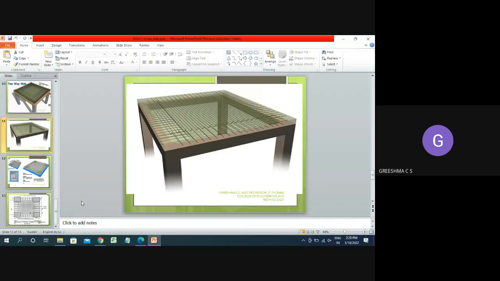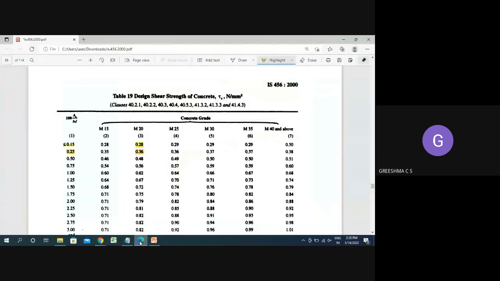So you will get the value around 0.33 something. Are you getting the value? Something like 0.33 or 0.34. Okay, 0.336. So this TOSI value from the interpolation we got as 0.336.